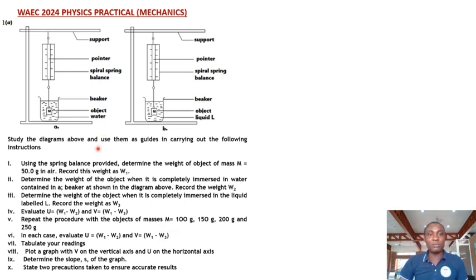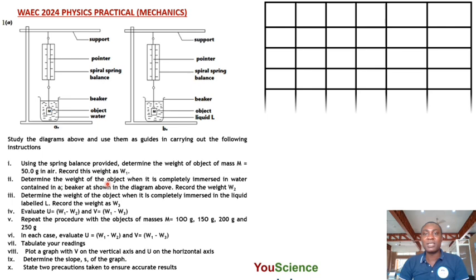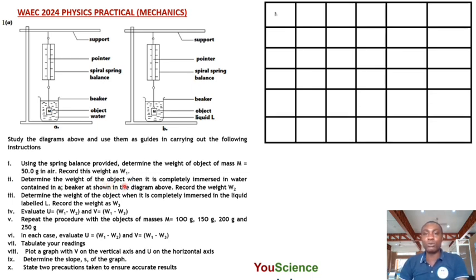You can see that on our table, we're going to have the masses M. Then we're going to have the column for the weight in air, which is W1. Then the column for the weight in water, which is W2, and the weight in liquid W3, which is kerosene. Then we're going to have a column for U and a column for V. So my table is going to look like this.